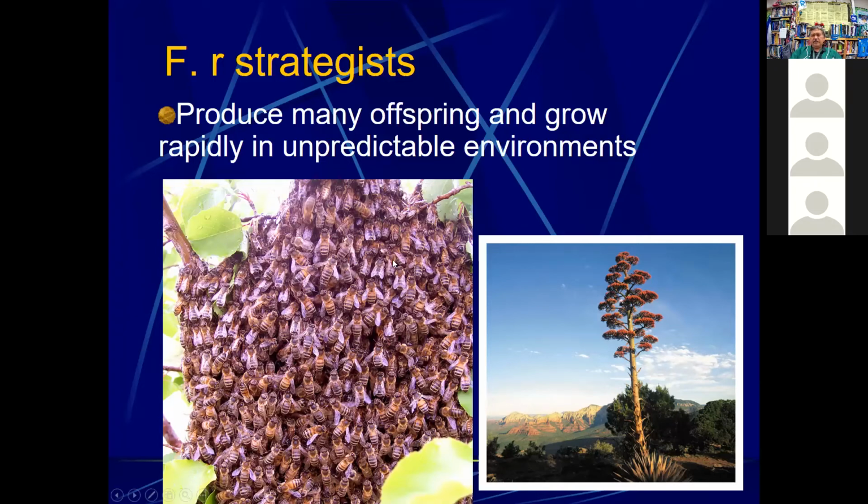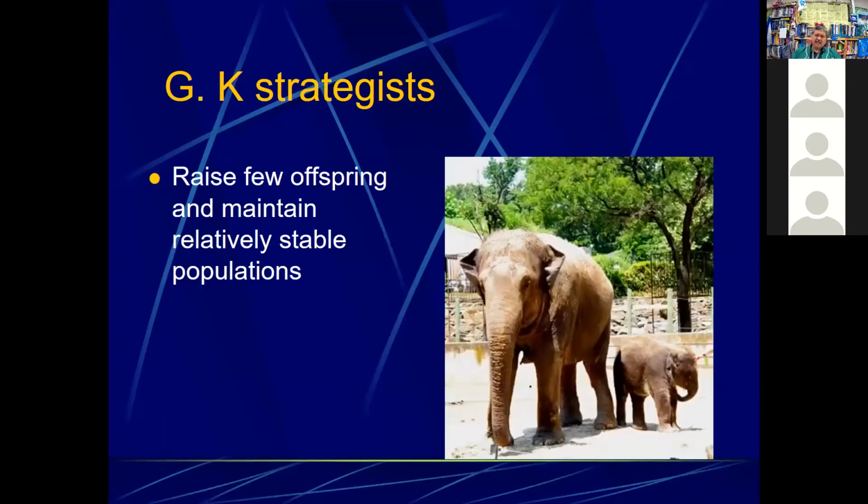Same goes with these bees right here. So they grow rapidly. And like the bees, they don't take care of their offspring. You just make a bunch of them very quickly, as fast as you can.